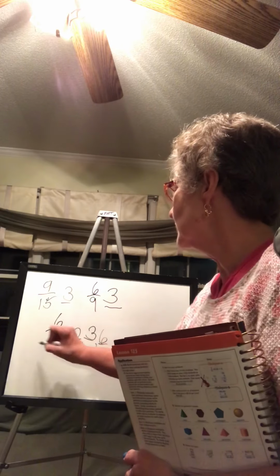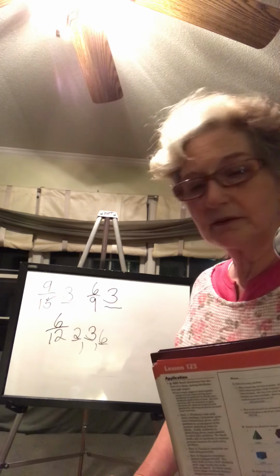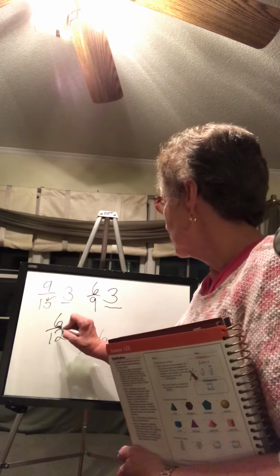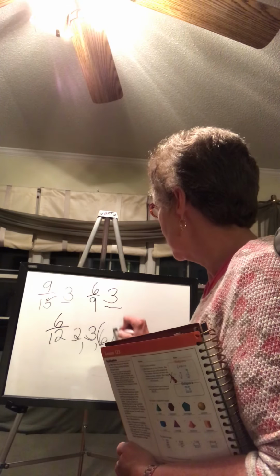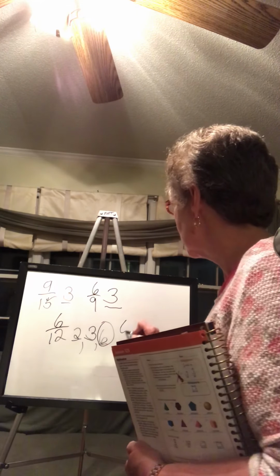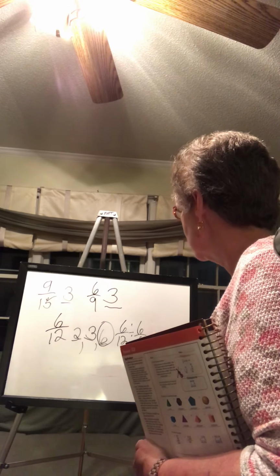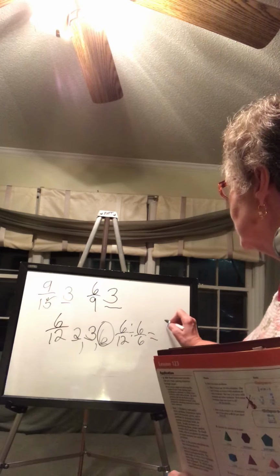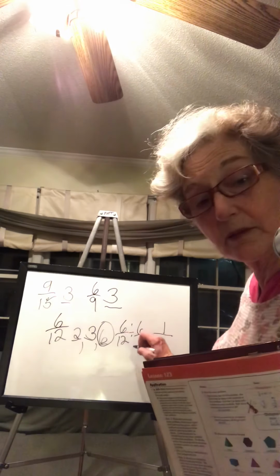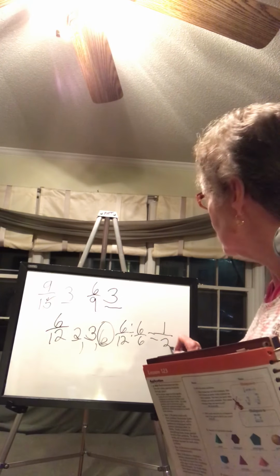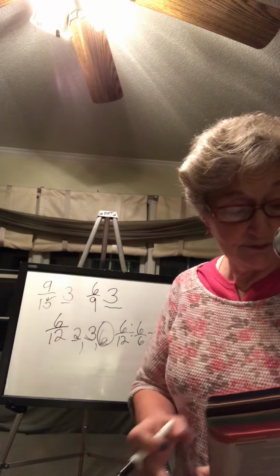So both of those will divide 6 and 12. However, 6 is your biggest number. So 6/12 divided by 6 over 6. 6 divided by 6 is 1. 12 divided by 6 is 2. So that would equal 1/2.